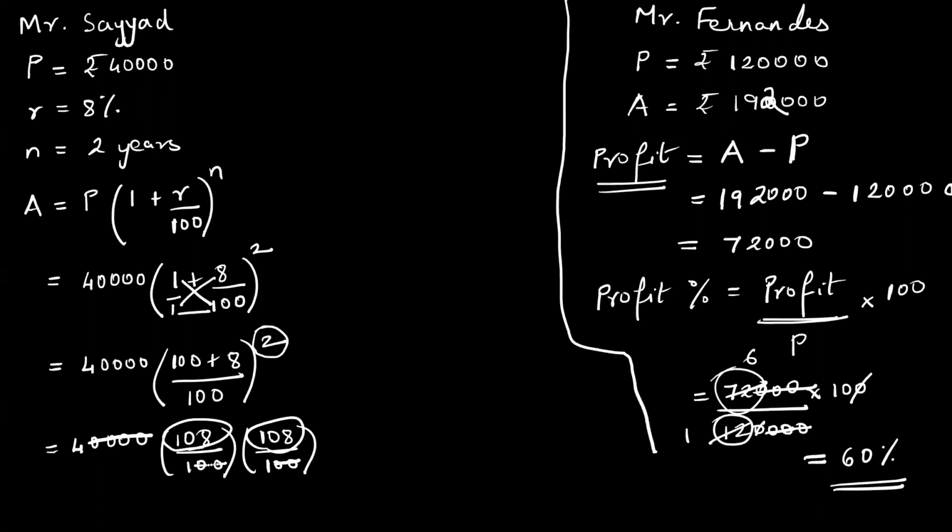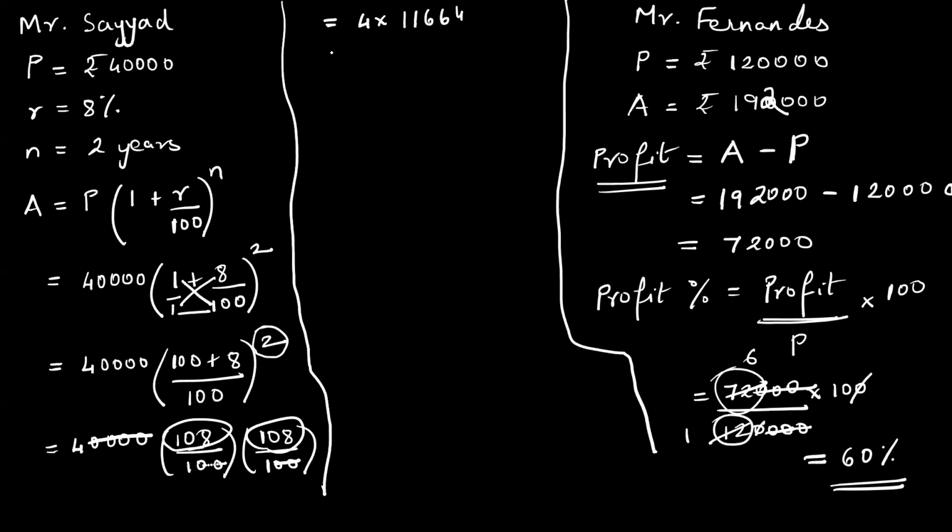Give me a minute. You're calculating, right? Not using a calculator. So 108 into 108 is 11,664.